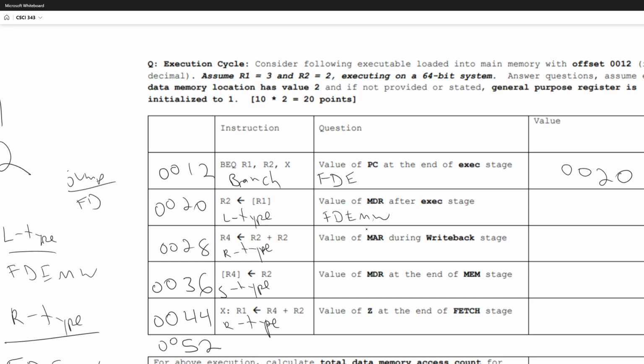Or not even the previous instruction, from whatever was there from the fetch stage.